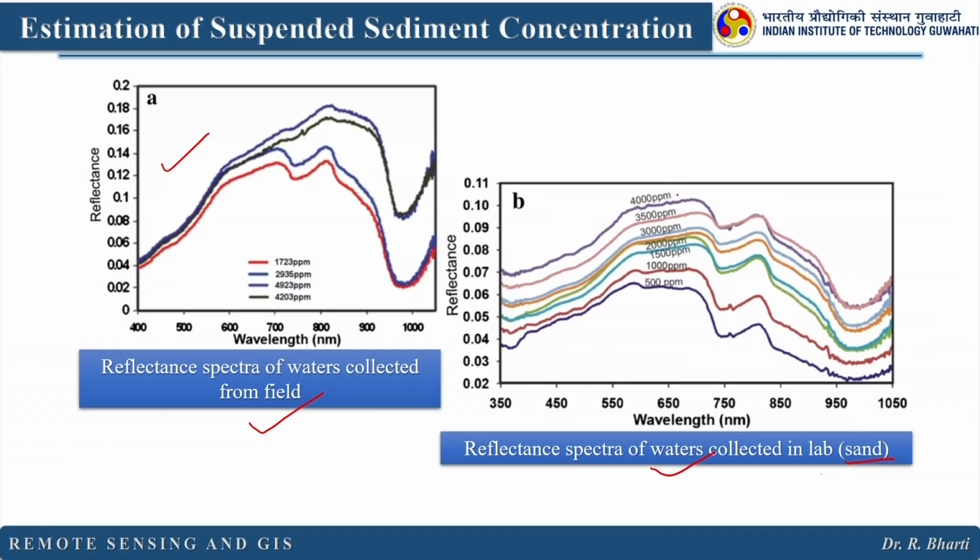So, different concentrations were used to generate such spectral response, and once you have that, you can perform the spectral analysis and you can see not all the wavelengths are sensitive to change in the concentration, but some of the wavelengths are very sensitive and which can be used to identify the concentration of suspended sediment in water.